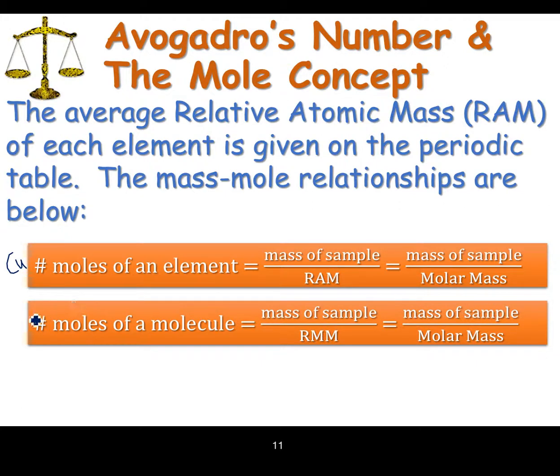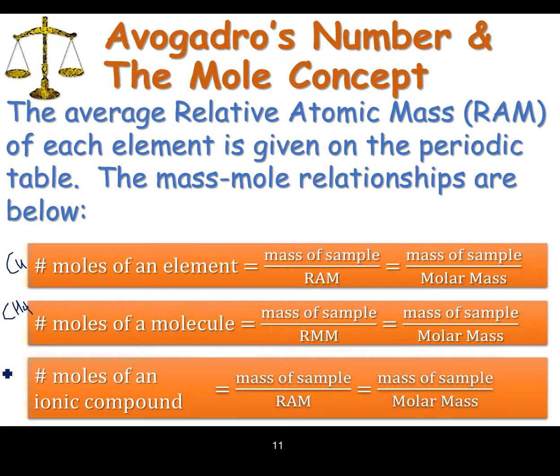When we're dealing with not elements, the element idea is like copper. When we're dealing with molecules, for example CH4, a methane molecule, we're using the relative molecular mass, but we can also just say the number of moles would be the mass of the sample divided by its molar mass.